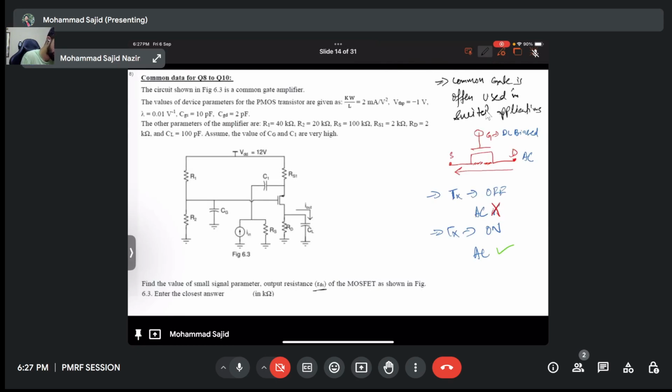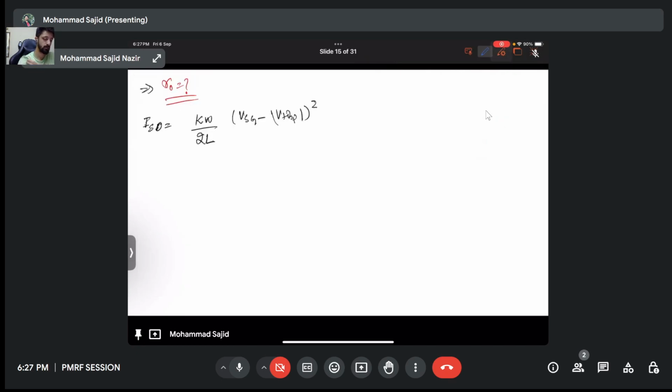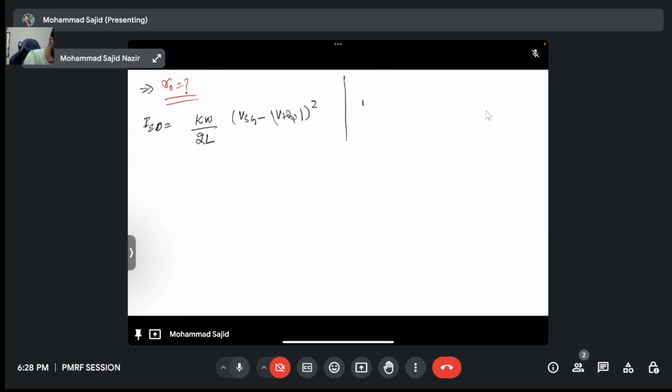And if you look here, what is VG? This is the gate terminal. So my VG will be R2 divided by R1 plus R2 multiplied by VDD.